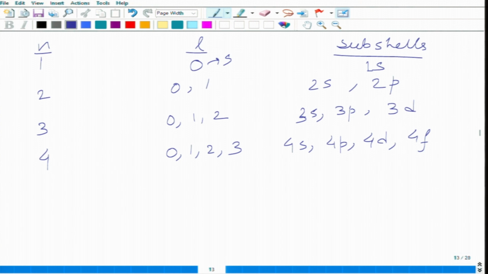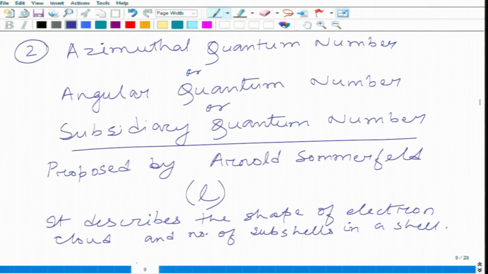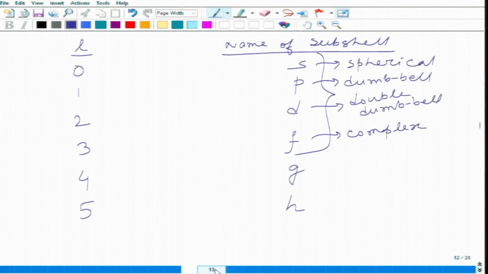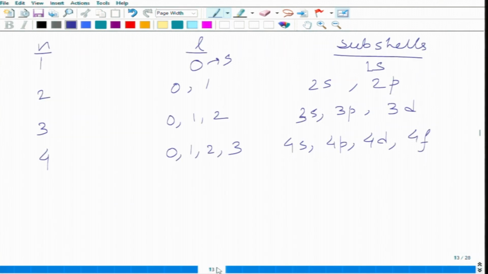Now we had seen that azimuthal quantum number is also known as angular quantum number or angular momentum quantum number, because this helps us to find out the angular momentum.